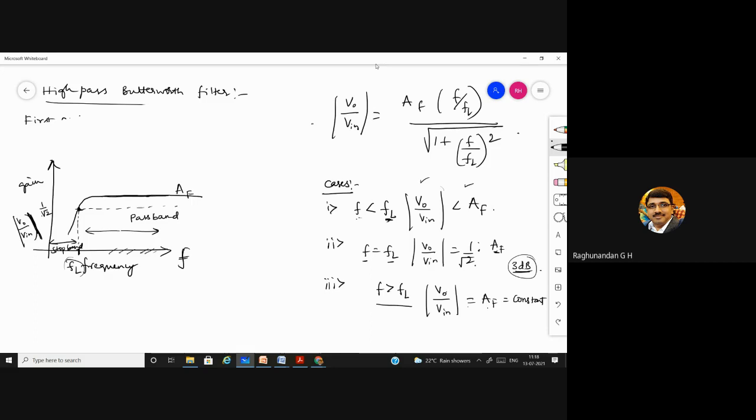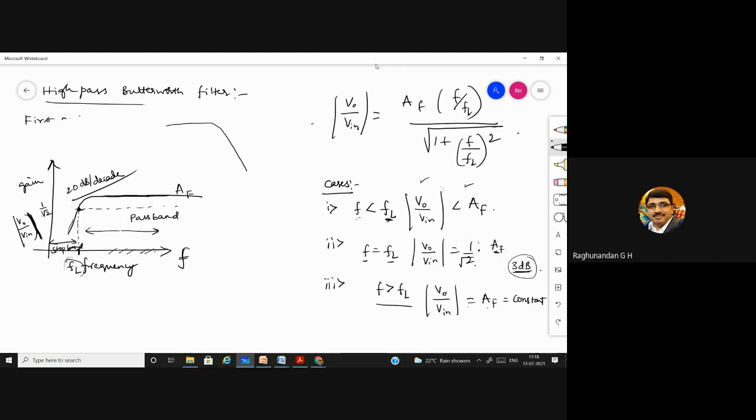And also here, the gain is going to increase. There we were talking about the decrease in the gain in the low pass filter. We were talking about roll-off factor, which is decreasing by 20 dB per decade. But here we should talk about increasing. We tell the gain increases at a rate of 20 dB per decade.